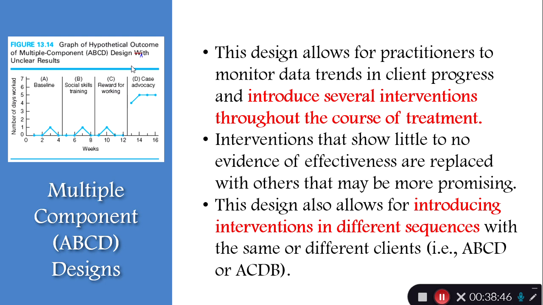And it also allows us to change up the sequencing, right? So we might do more of an ABCD combination for one client, but then maybe more of an ACDB kind of combination for a different client. So this particular design allows us to look at interventions and the multiple components of an intervention simultaneously.